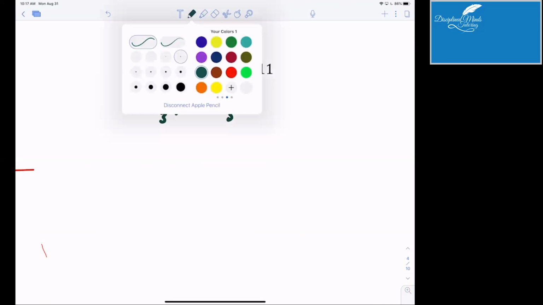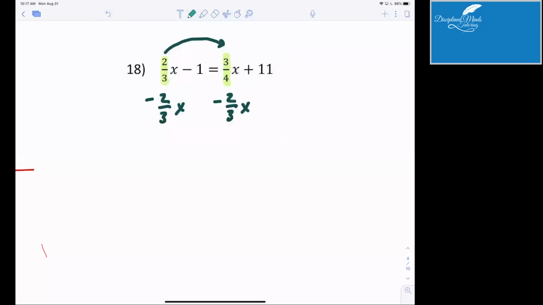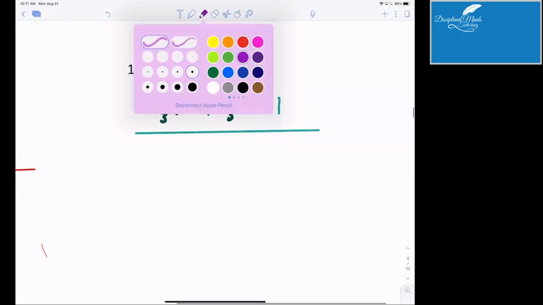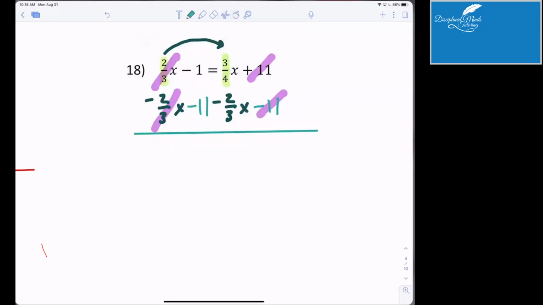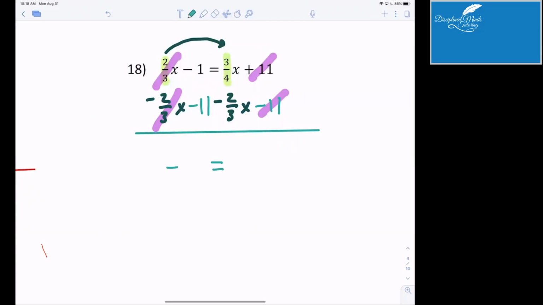Then we're going to subtract 11, subtract 11. Now once again, the reason we're doing that is because the plus 11 minus 11 cancel, 2/3 negative 2/3 cancel. So -1 and -11 is what? -12. Okay.